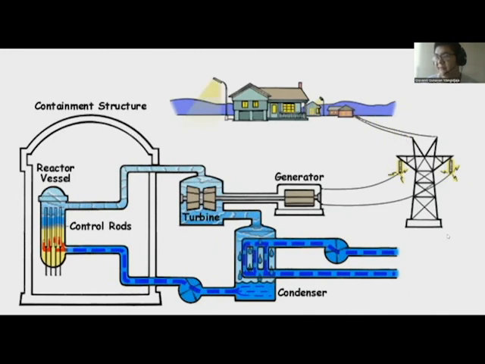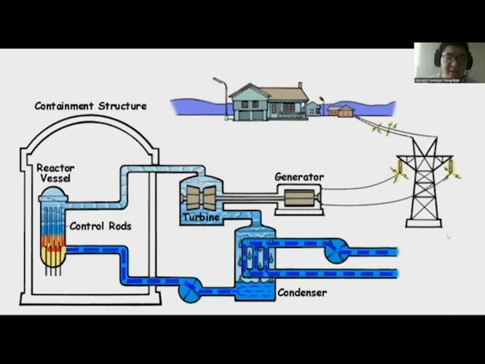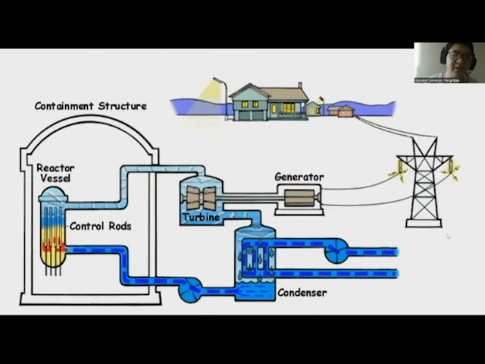Fossil fuel power plants use, obviously, fossil fuels, natural gas, and coal. Nuclear power plants use the heat created from nuclear fission, or the splitting of atoms, which creates a lot of energy and heat that is used to boil the water.